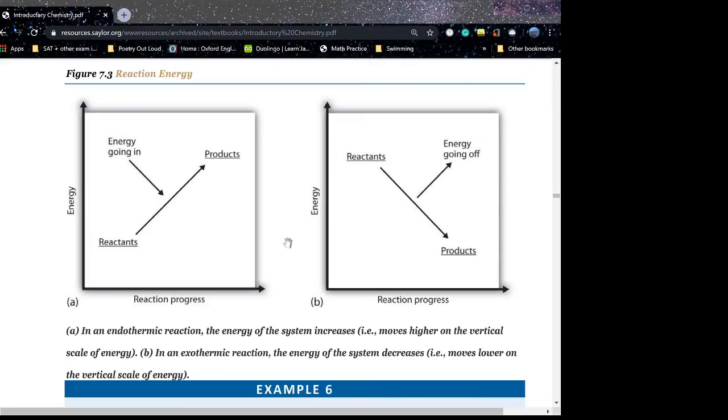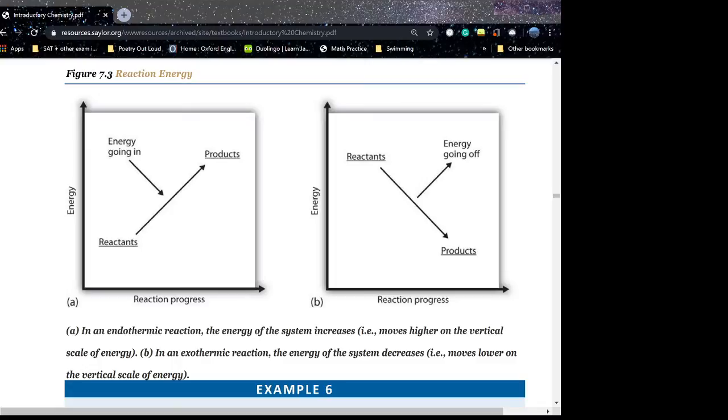Okay, so they present a pretty simple graph over here, but I kind of want to make it more complicated, because that might tell us a bit more about the process. Okay, so here's an axis, and we call this potential energy, because that's technically what we're referring to when we say energy.